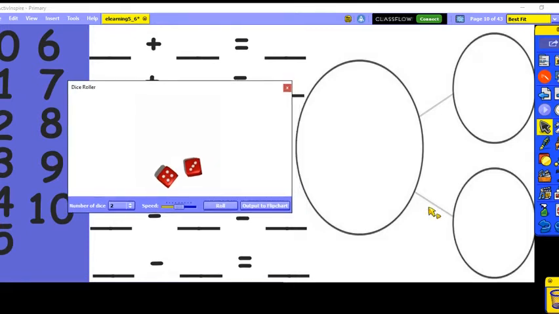So let's see. Let's do it this way. I'm going to take a little screenshot of our dice and put it in there. Okay, so we got 3 on this one. So we're starting with 3 over here. Okay, so 3.